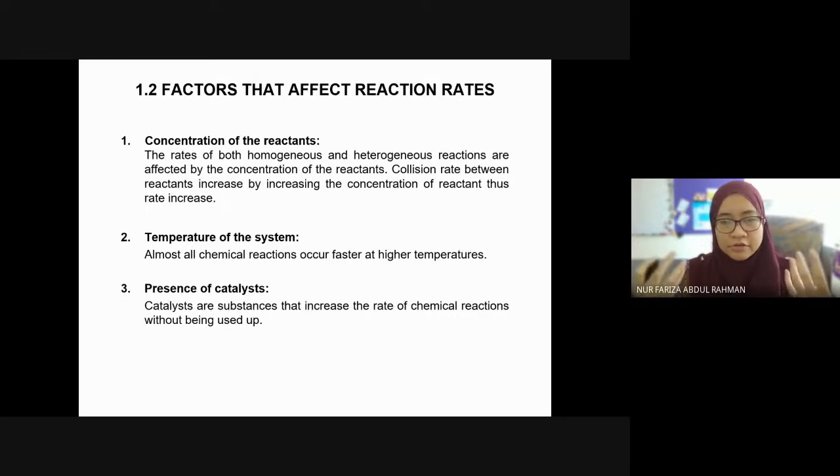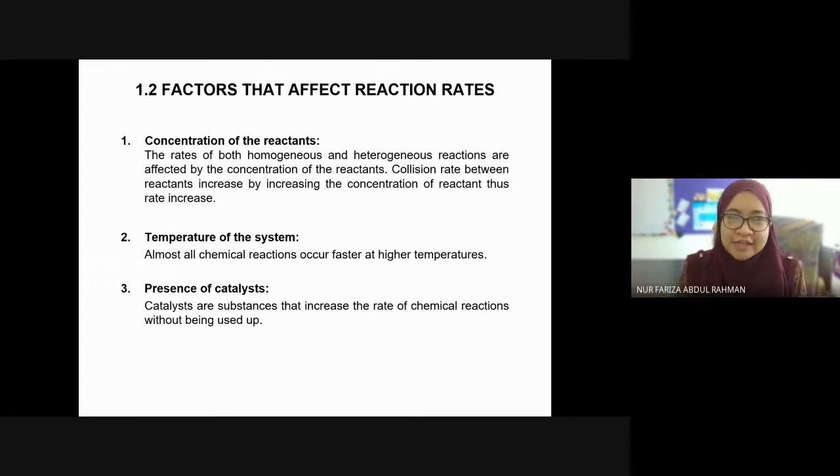That is the only way for product to be formed. Logically speaking, the more collision, the higher the probability for product to form. So how can we increase the collision?